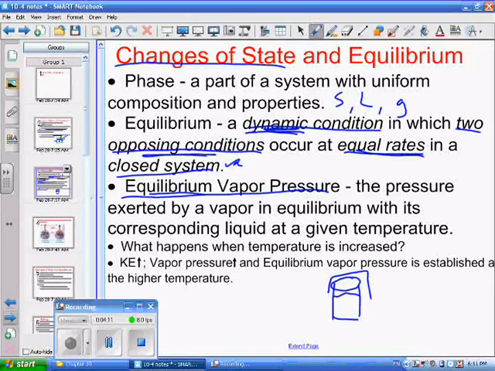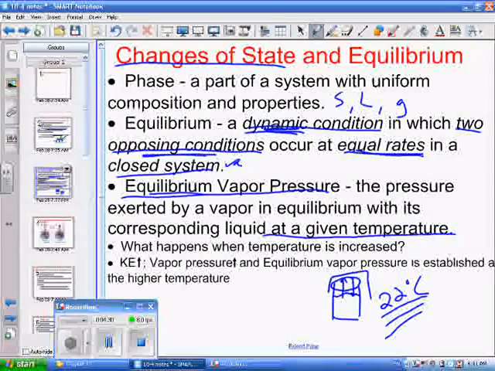At a certain temperature, let's say in this room right now, it's about 22 degrees Celsius, evaporation is going to happen at an equal rate as condensation. Okay, so that's the equilibrium. Now, after a while, at 22 degrees Celsius, and I have to keep it at 22 degrees Celsius, don't change the temperature because it says at a given temperature, then I will have a vapor that will collect up here, and that will exert a pressure. That is my equilibrium vapor pressure.